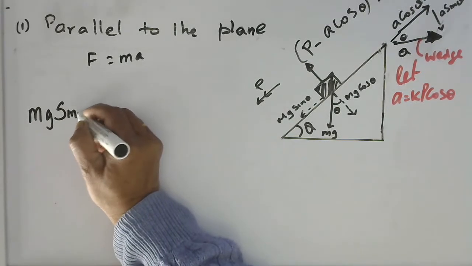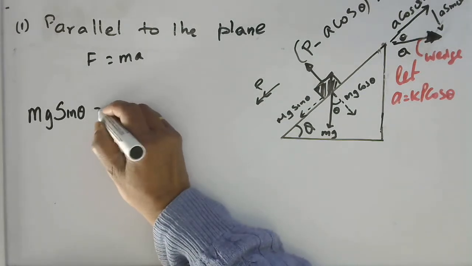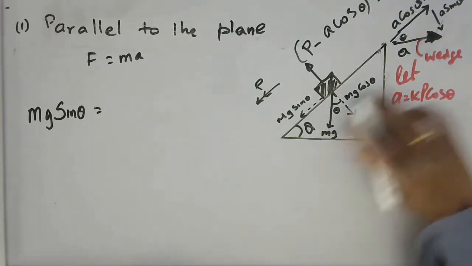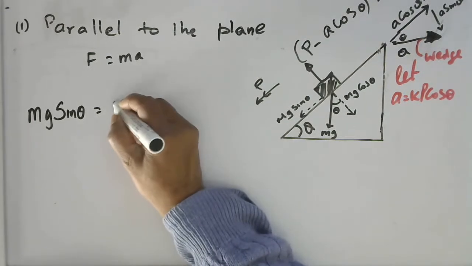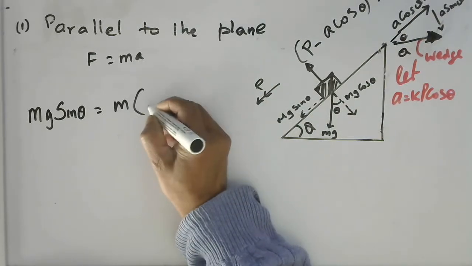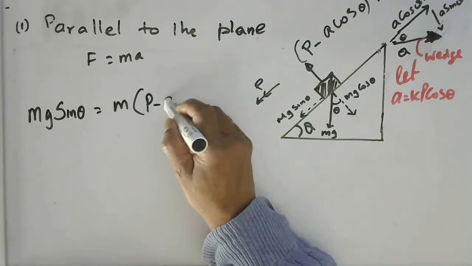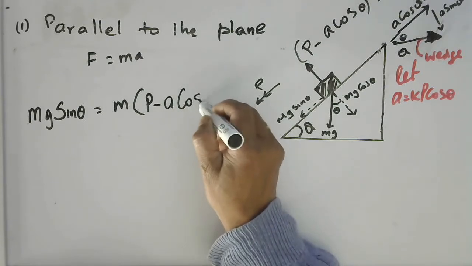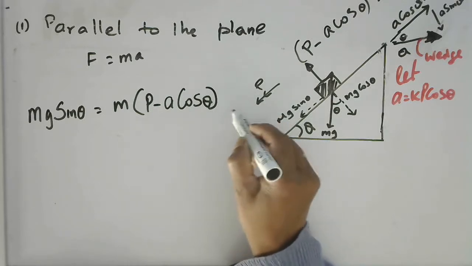It's only along the plane, so we don't need to worry about other things. So mg sine theta is equal to m, the mass, times the resultant acceleration, p minus a cos theta. That is equation number 1.